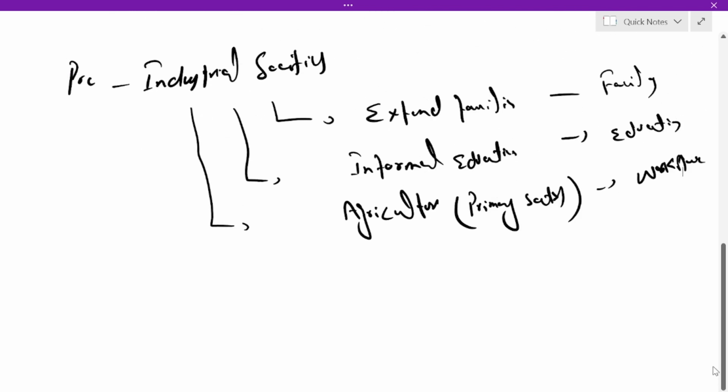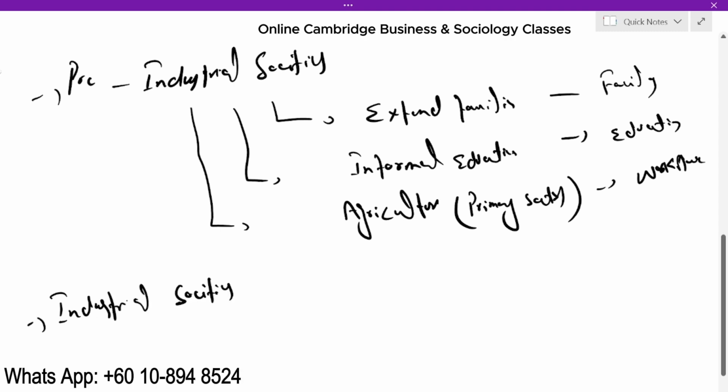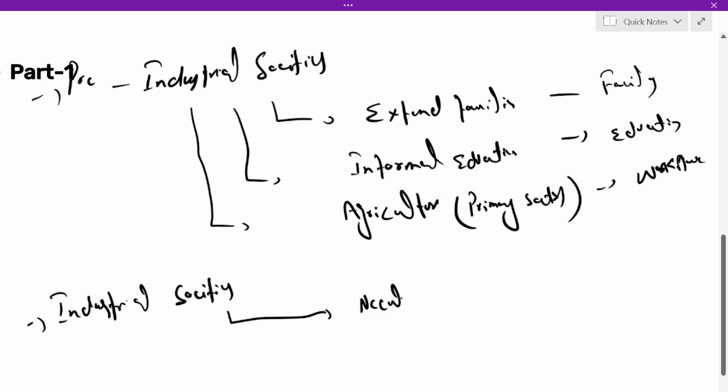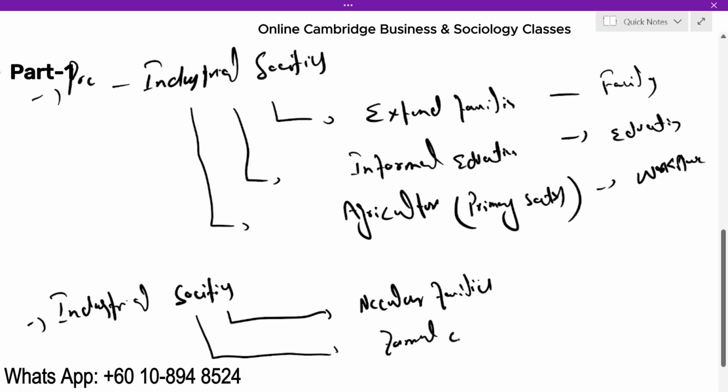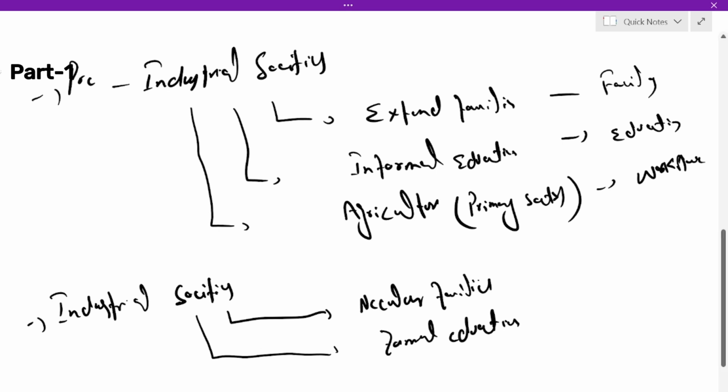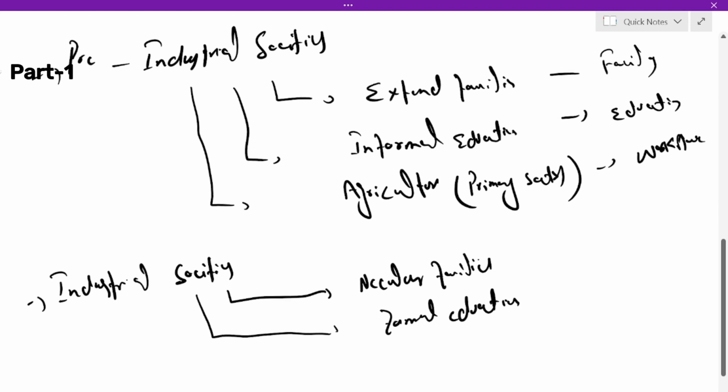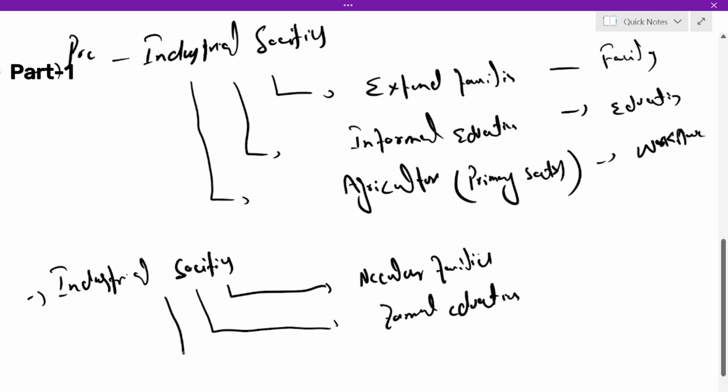But when we move towards the industrial society, what ultimately happened? Families became nuclear families with more specialized functions, and education became formal education, and in the workplace there was the rise of the industrial system, the rise of industry.